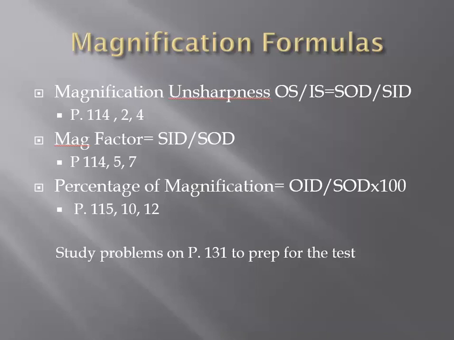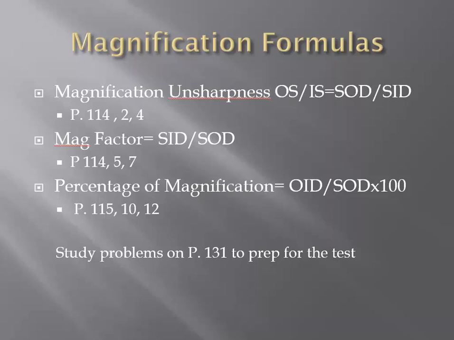So you would set that up as 3.5 over x is equal to 30 over 36, and then you would cross multiply and divide it out.